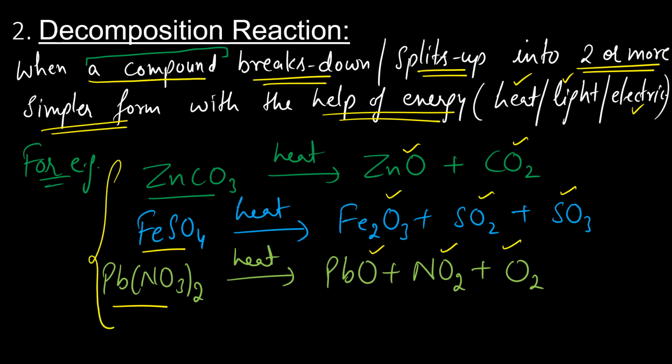So what is decomposition? In simple words, decomposition is a reaction which contains only one reactant, and that reactant will decompose with the help of some amount of energy to give you a number of products. Now let's discuss more about this.